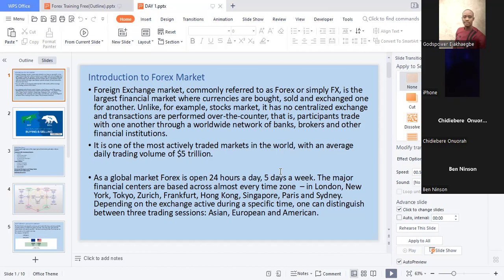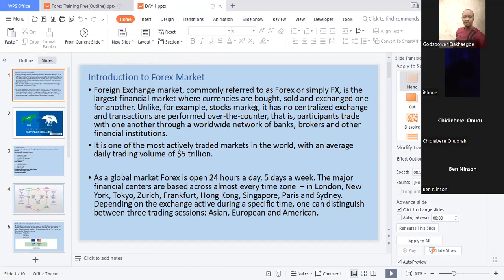What is Forex? Forex is known as FX and is the largest financial market where currencies are bought, sold, and exchanged for one another. Unlike the stock market, it has no centralized exchange, and transactions are performed over the counter by banks, brokers, and other financial institutions.